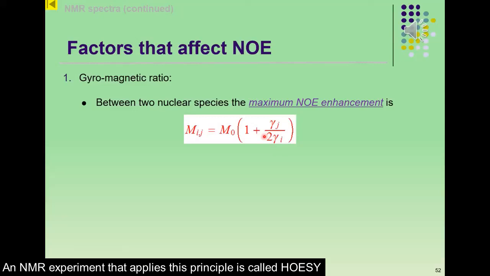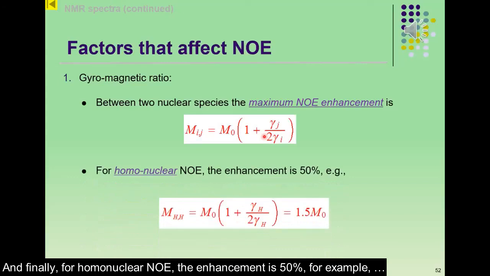An NMR experiment that applies this principle is called HOESY, H-O-E-S-Y, short for Heteronuclear Overhauser Effect Spectroscopy. And finally, for homonuclear NOE, the enhancement is 50%. For example, M_HH equals M_0 times (1 plus gamma_H divided by 2 gamma_H), which equals 1.5 M_0.